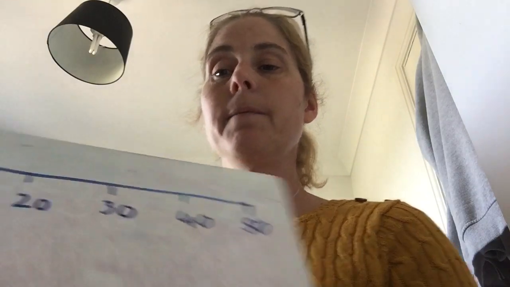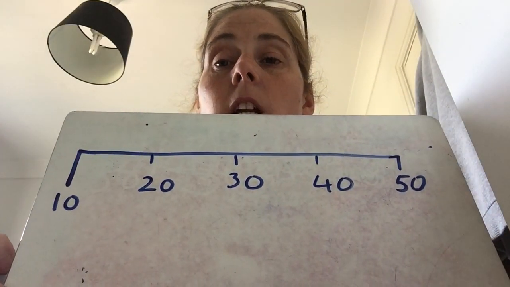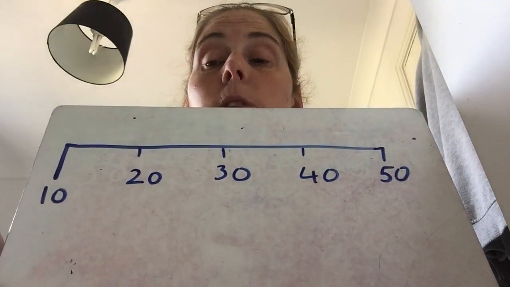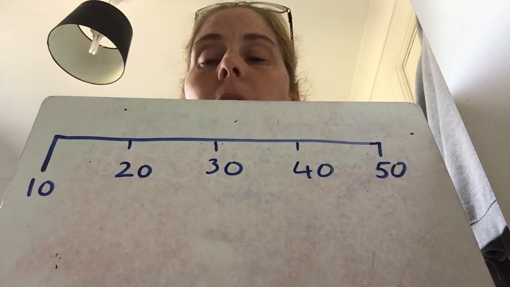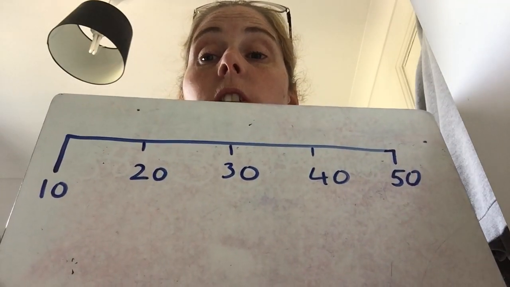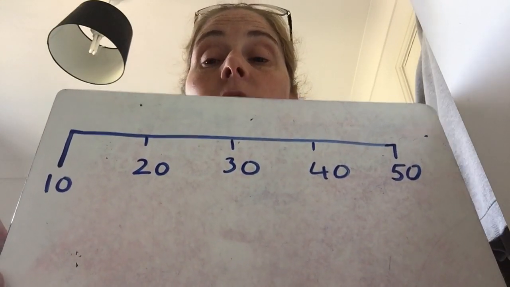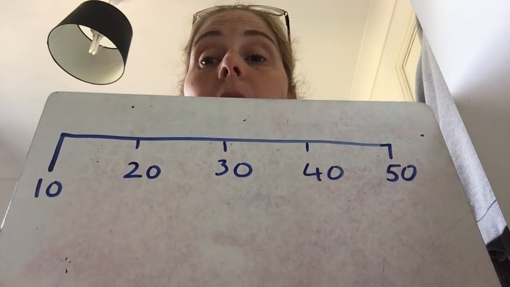and it may look like that. Okay, so starting at 10, going up to 50, but with the multiples of 10 written in on the number line. Then what I'm going to be asking you to do is putting some other 2-digit numbers where you think they might go on the number line.